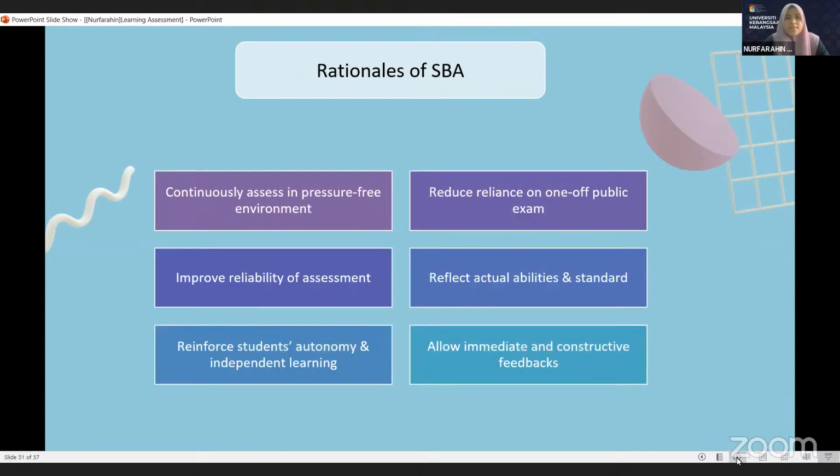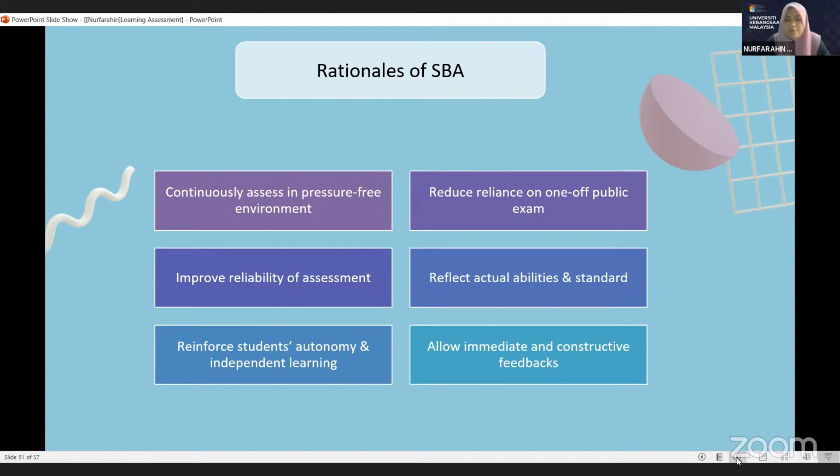So there are many reasons why we conduct school-based assessment. First, to separate the word assessment from pressure. We want the students to feel less pressure during assessment, and not so much stress.